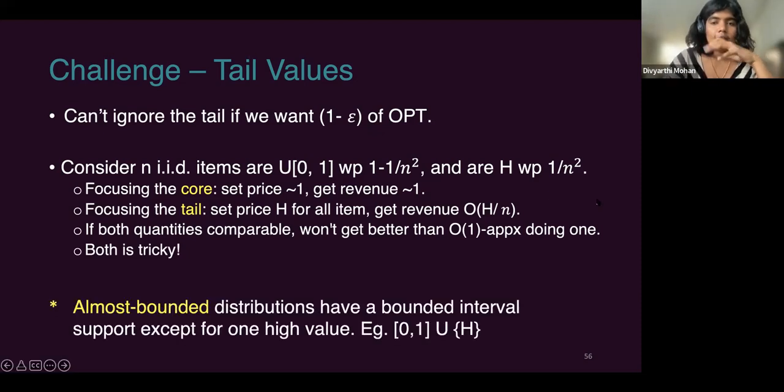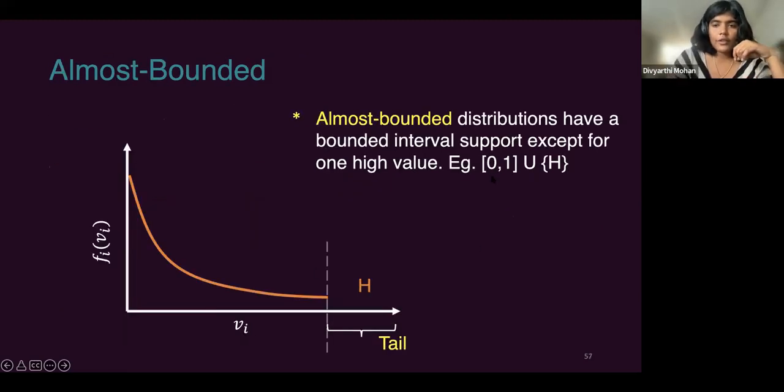And I'm going to call such distributions almost bounded distributions. I'm going to call distributions where the marginals are basically just a bounded interval, except for one high value h, almost bounded. So the support is just the union of a bounded interval and a singleton high value h.